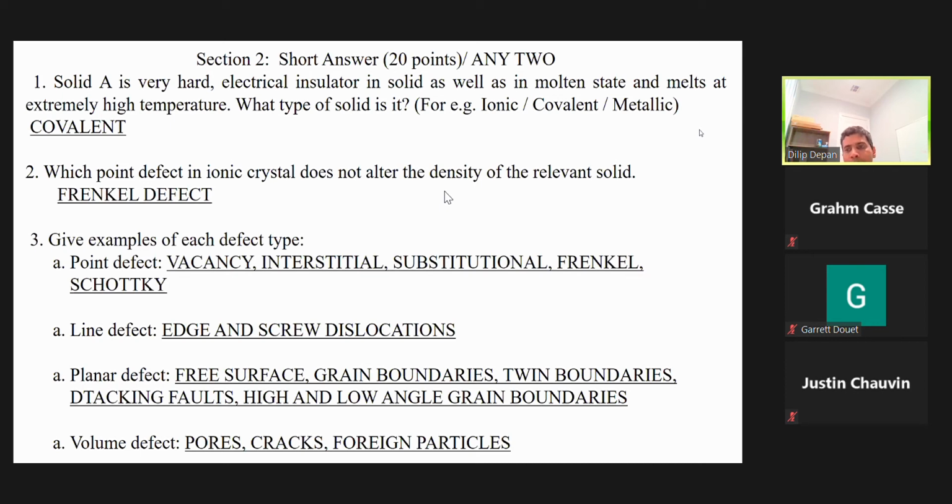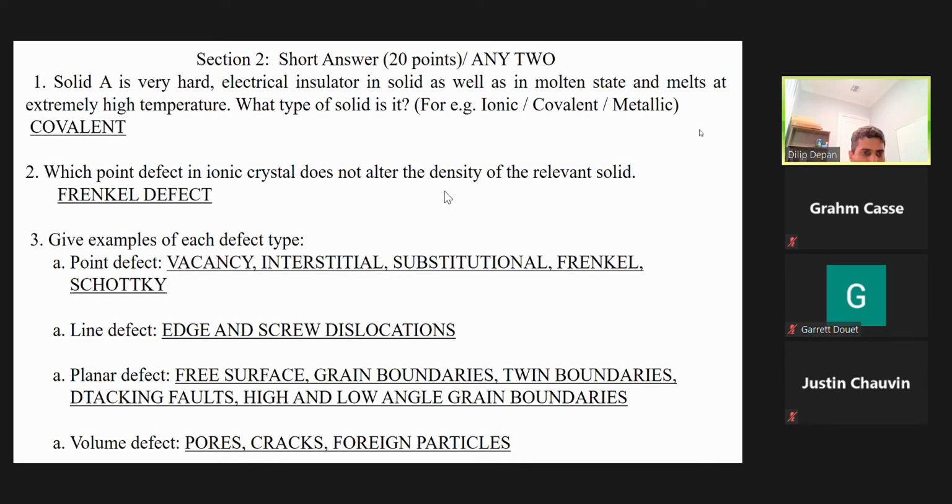So the only option left is a covalent compound. And the classical example is a diamond. This material is nothing but a diamond. Diamond is very hard. It is an electrical insulator in solid as well as in molten state and melts at extremely high temperature. The right answer here was covalent.